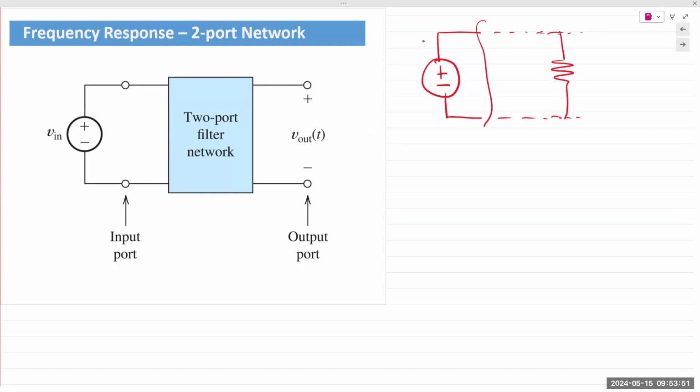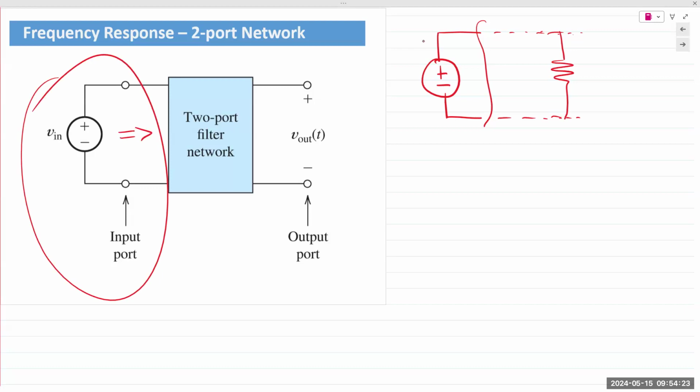Now you have to change your thinking a little bit. We are not going to analyze each branch current. You're going to combine two terminals of the voltage source together, and we call it a port, P-O-R-T. Because it's a source that is supplying energy to the circuit, we refer to it as the input port.